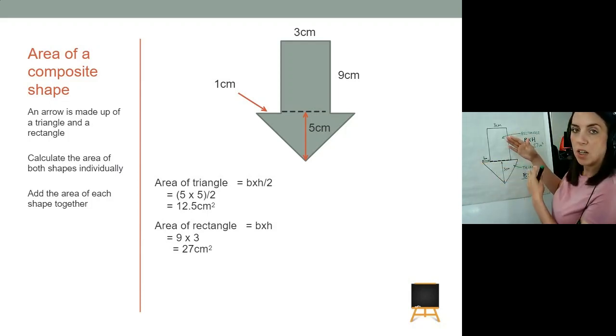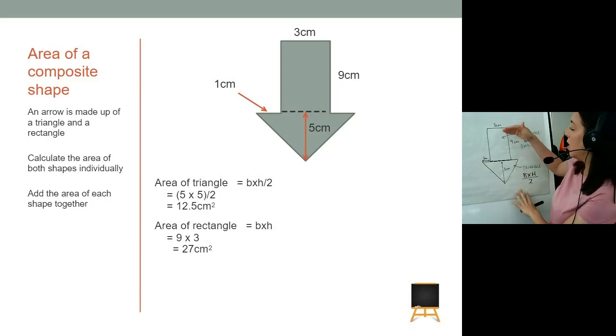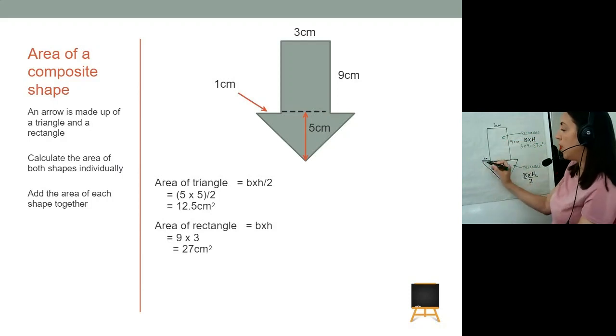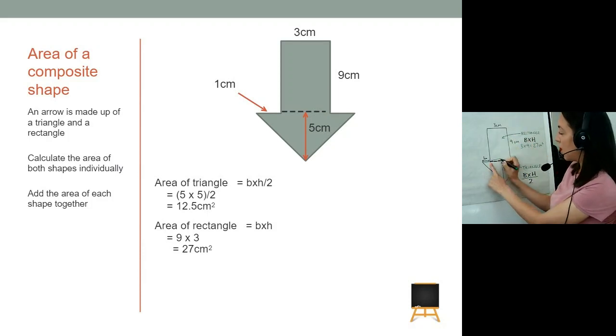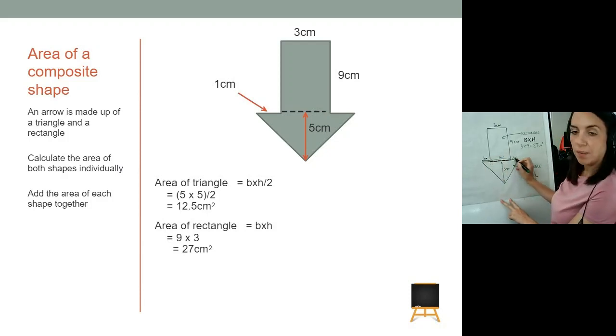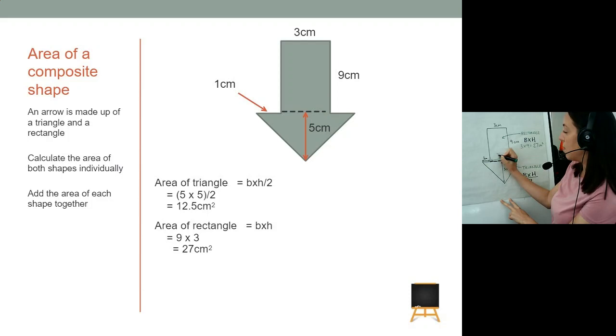So we need to use our knowledge that we went through right at the beginning to look at the measurements that we do know. So we know from there to there is 1 centimetre. We know by looking up here that the distance from there to there is 3. And the distance from there, just the same, is 1 centimetre. So the base of this triangle is 5 centimetres in total.